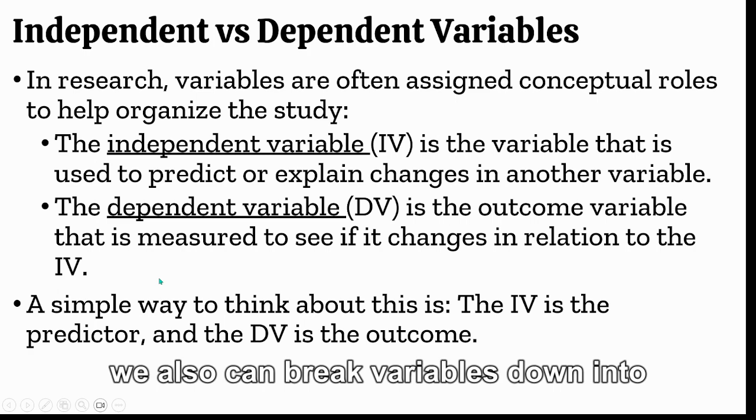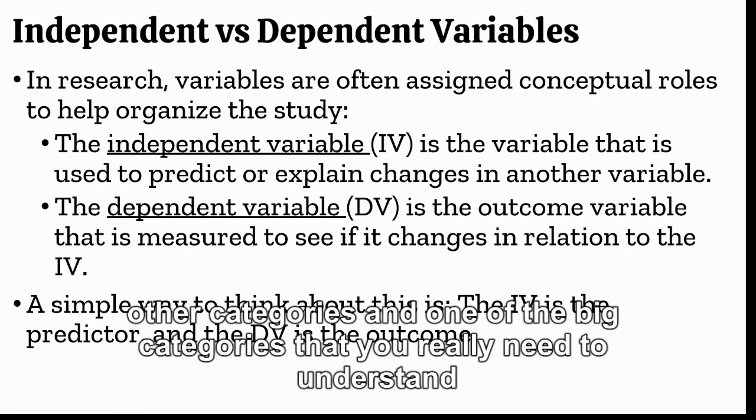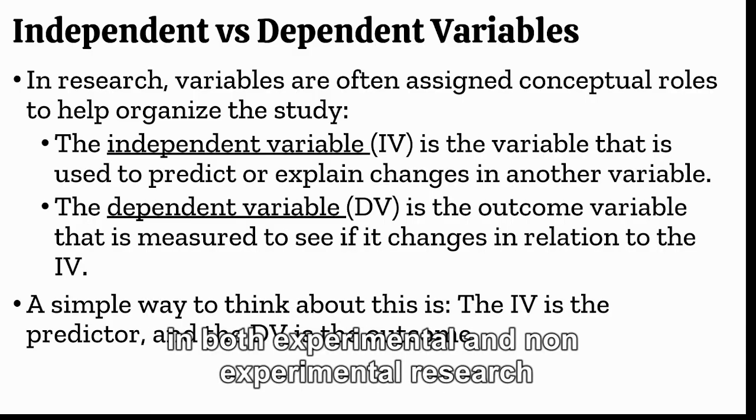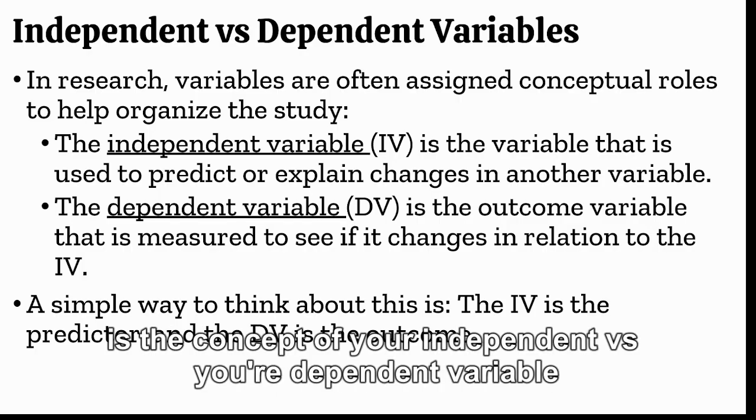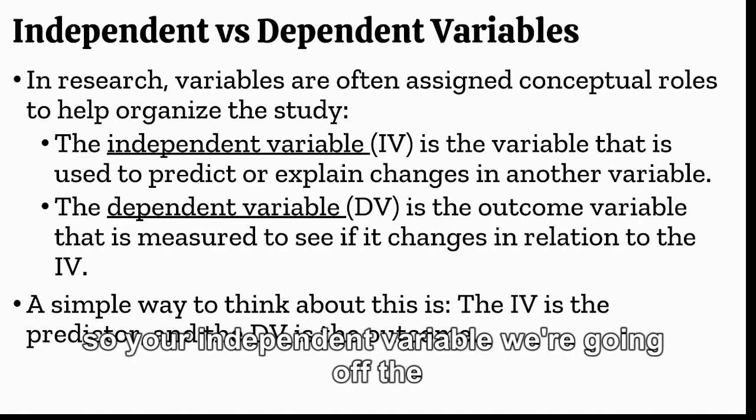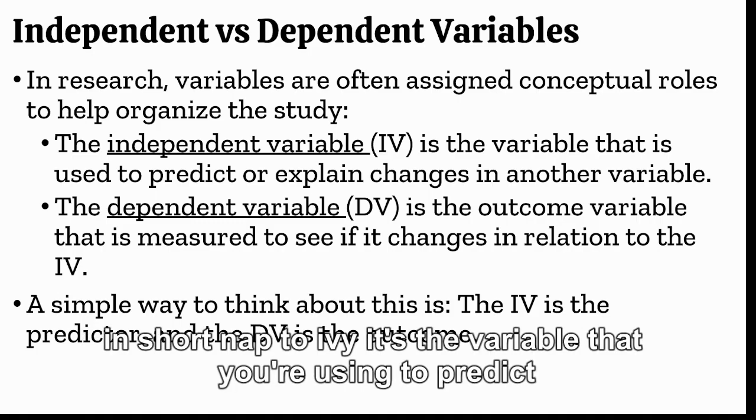We also can break variables down into other categories, and one of the big categories that you really need to understand in both experimental and non-experimental research is the concept of your independent versus your dependent variable. So your independent variable, we're going to often shorten that to IV.